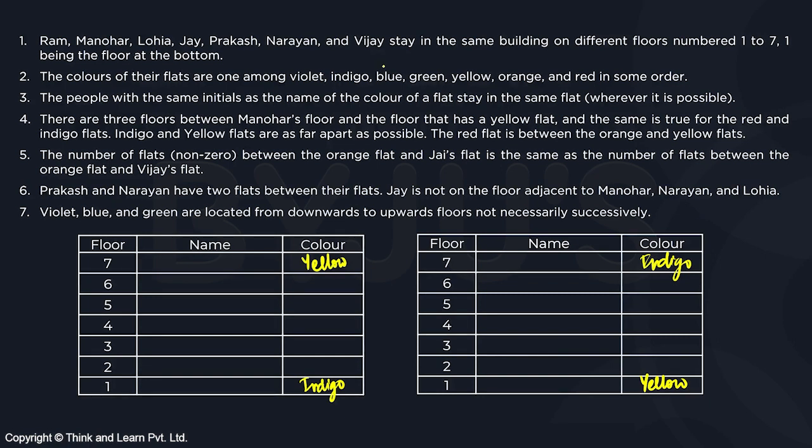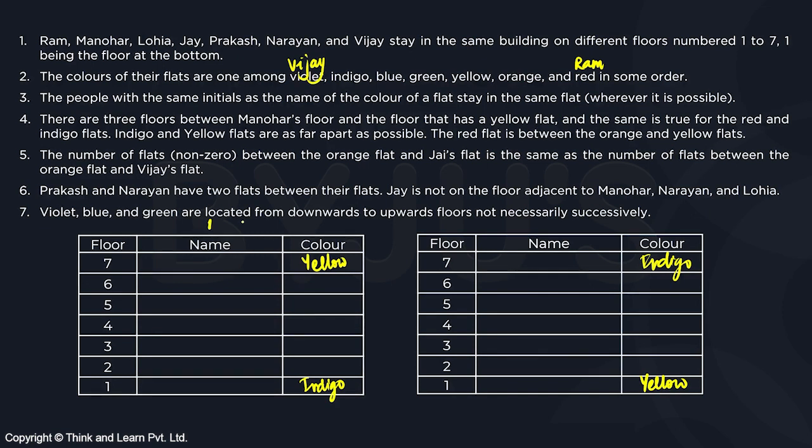We also do know that Ram's flat is red in color and Vijay's flat is violet. So we know about these 2 people. If we use the 4th statement, it says there are 3 floors between Manohar's floor and the floor that has a yellow flat.